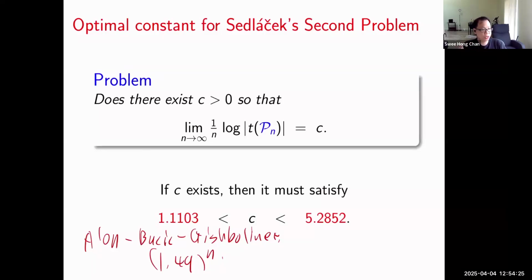They can do it directly without using the whole power of Zaremba's conjecture. You will still need Zaremba's conjecture if you want to get a density 1 version. But if you only ask for the size of TPN, then you don't need Zaremba. You can just do it by some very smart combinatorics. It's very beautiful. I strongly recommend reading that paper.